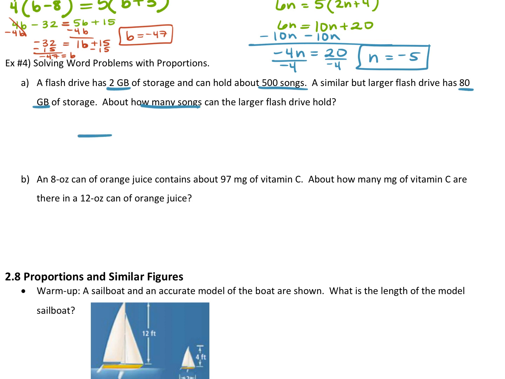Gigabytes. So if we do 2 gigabytes per 500 songs, that should equal, so where are you putting that 80? On the top. Gigabytes across from gigabytes, right? So 80 over x number of songs.